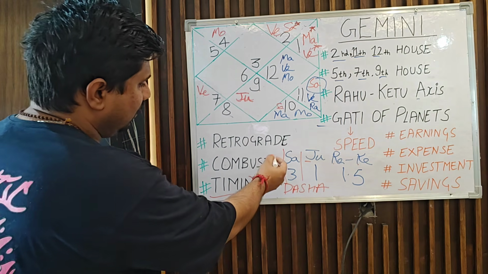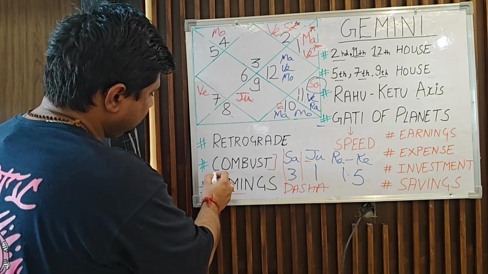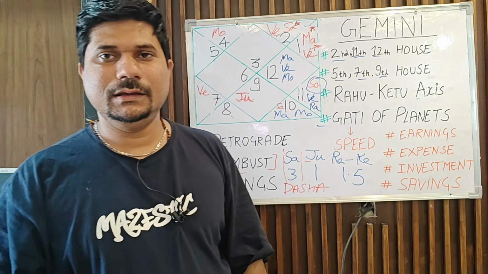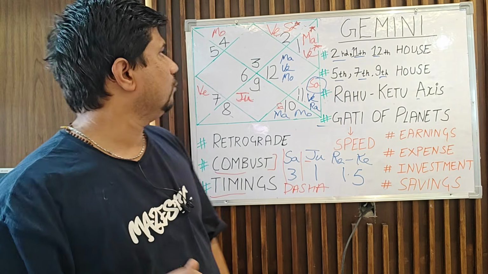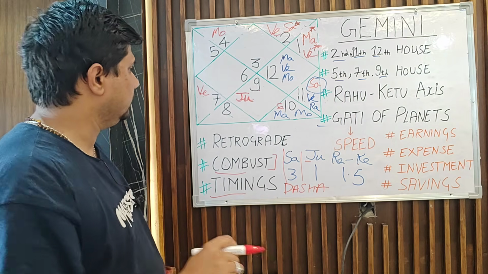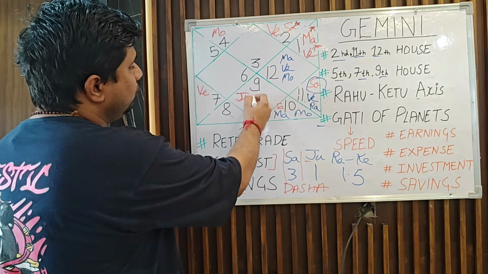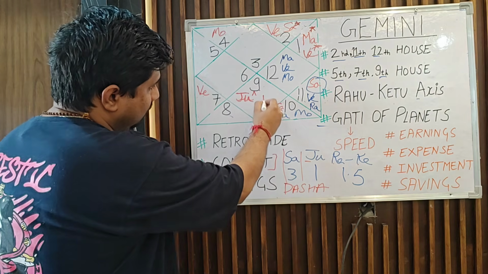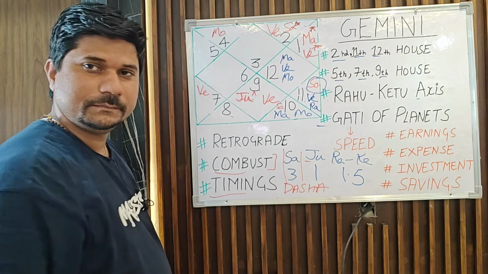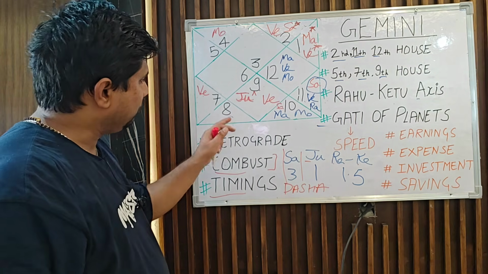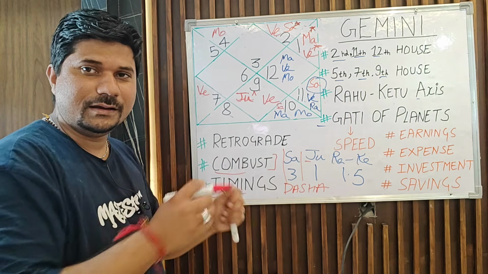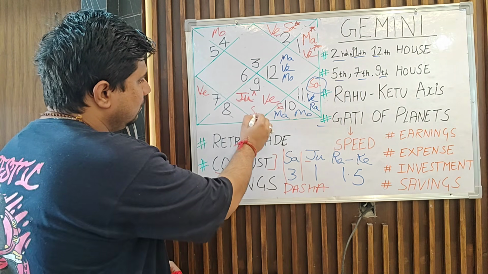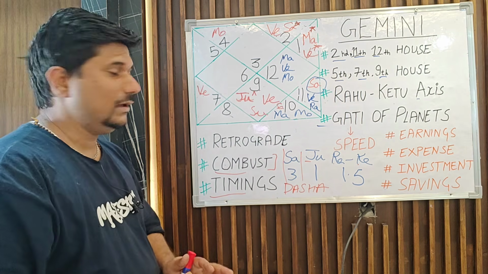Next, let me come to the combust grahas. Combustion, or a combust planet, means, suppose for example, with the help of an example we understand. Suppose this Jupiter is combust and it's with Venus. And suppose Sun is also nearby, only then this planet is going to get combust.